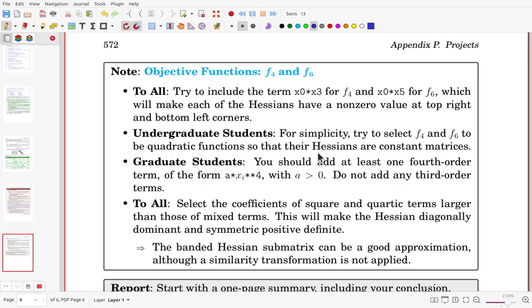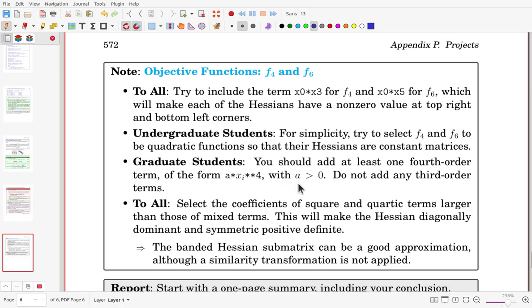With a quadratic, after the second derivative, each entry will be constant. It's quite simple. But for graduate students, you should add at least one fourth order term of the form xi to the fourth, along with some coefficients, with a positive coefficient.